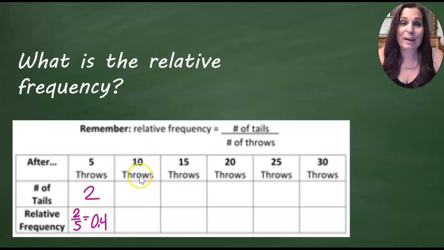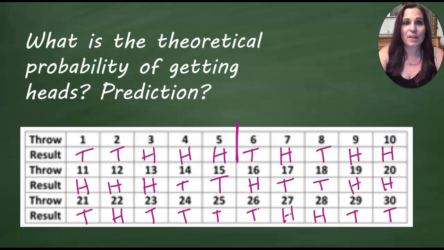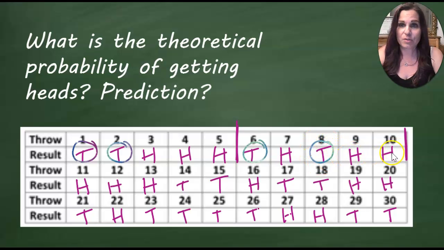All right, let's do it out of 10 throws. So out of 10 throws, that would take me to here. Out of 10 throws, I got 1, 2, 3, 4 tails out of 10 throws.